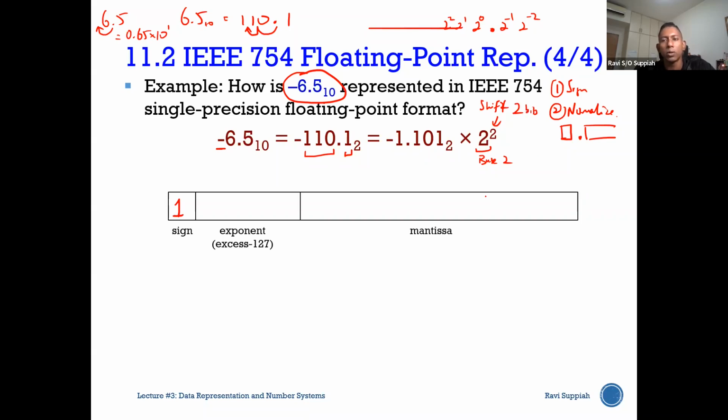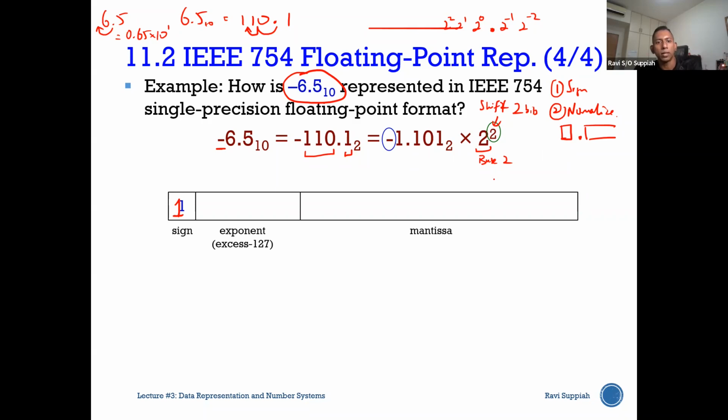Once you have this, this is what we call the normalized representation. Once you have the normalized representation, it's very easy. The next step is you figure out the exponent and mantissa.